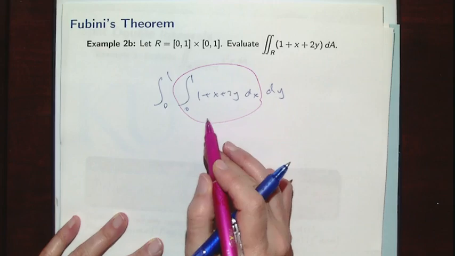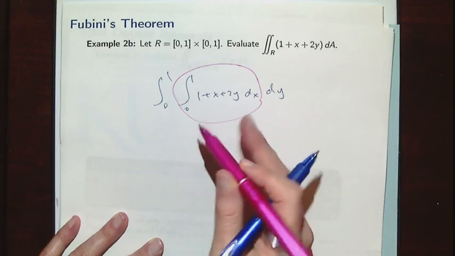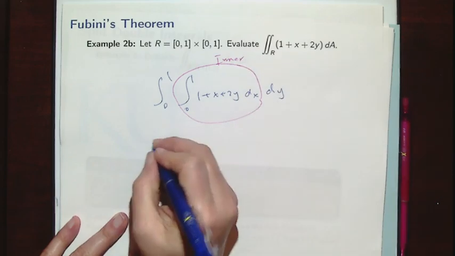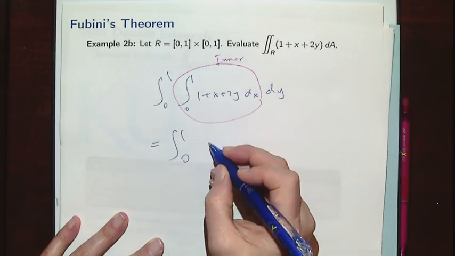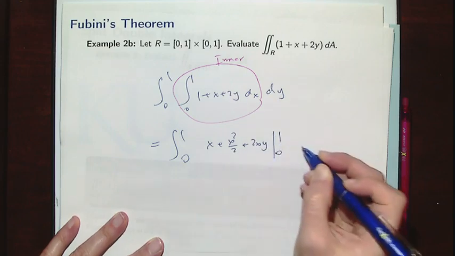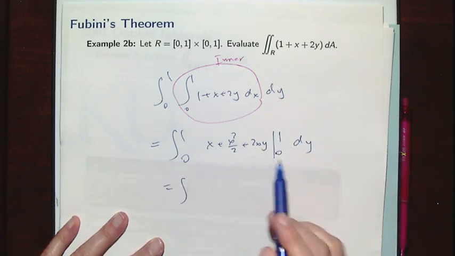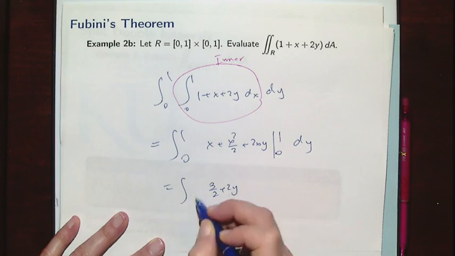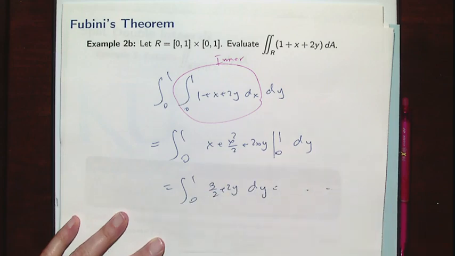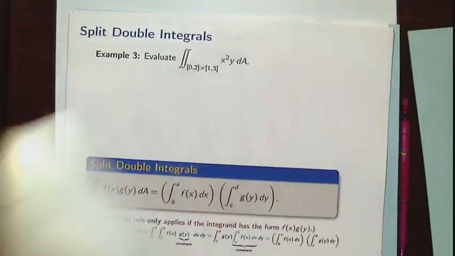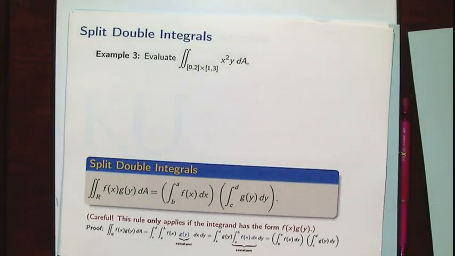You have to circle the middle one, compute the middle one, then start it. Inner is the first. And you get 0 to 1. And then when you plug in 1 for x, you get 3/2 plus 2y. And then you compute and you get 5/2. Okay. Thank you for trusting in me.